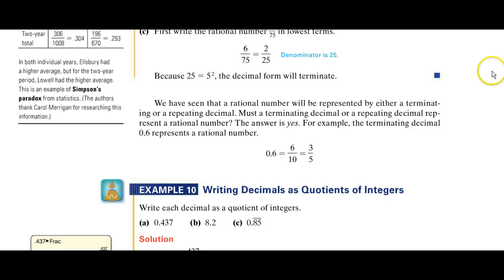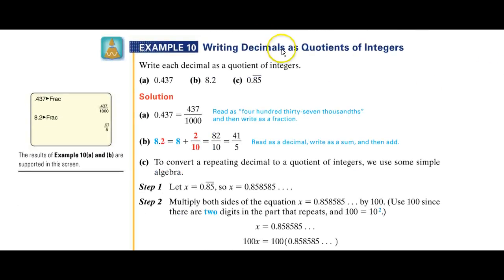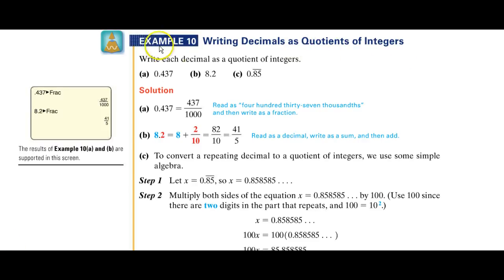All right, let's go on to example 10, writing decimals as quotients of integers. In our last example, we're going to write each decimal as a quotient of integers. So this is to the thousandths, so we just put that over 1,000.